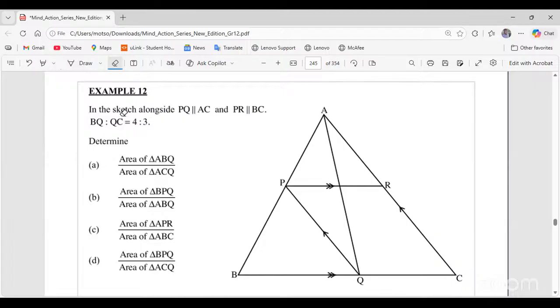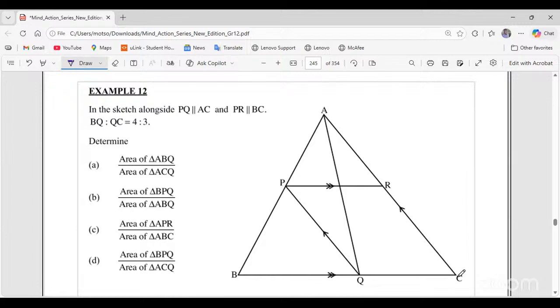So, example 12 says that in the sketch alongside, we are given that PQ is parallel to AC, and PR is parallel to BC. What does that mean? The proportionality theorem applies.